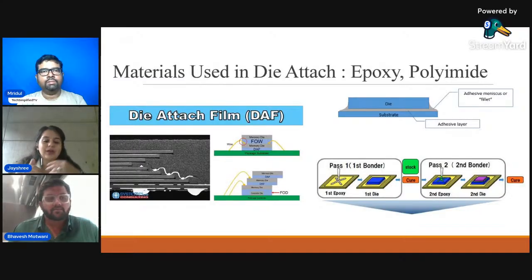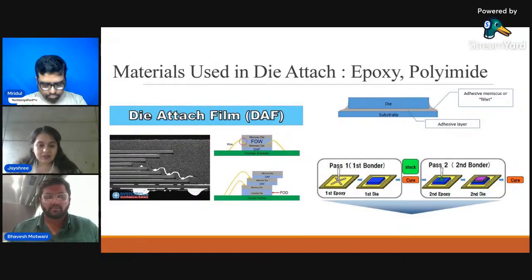Common applications for polyimide are aerospace ICs, automotive ECUs, and high temperature sensors. These are the main two adhesives we can use for attaching a die to the substrate.